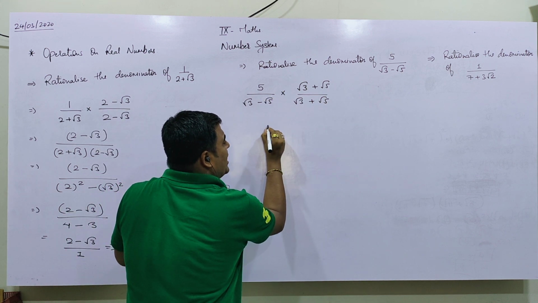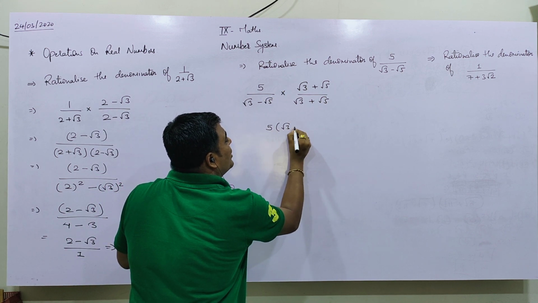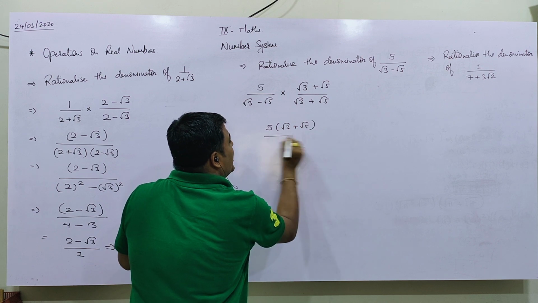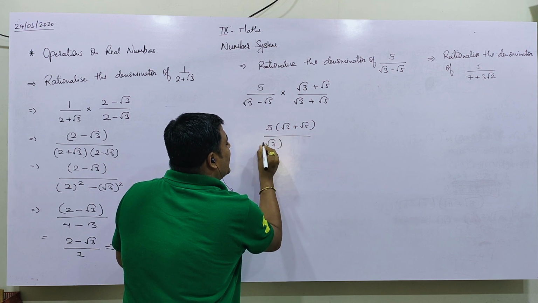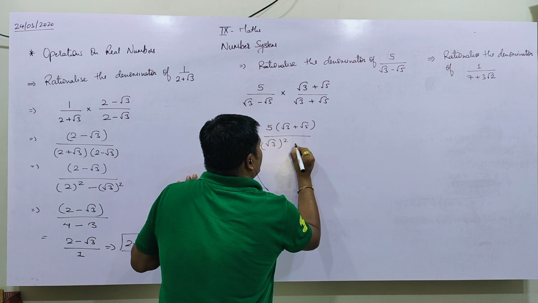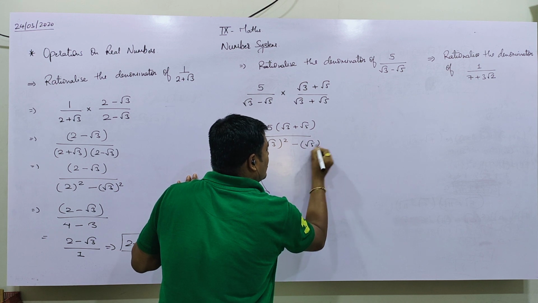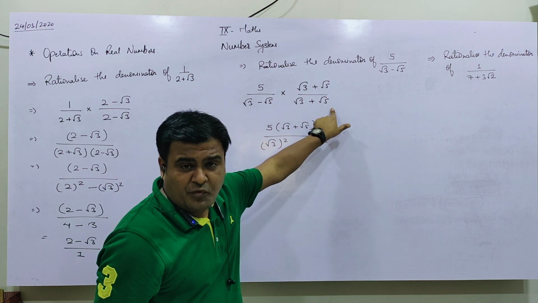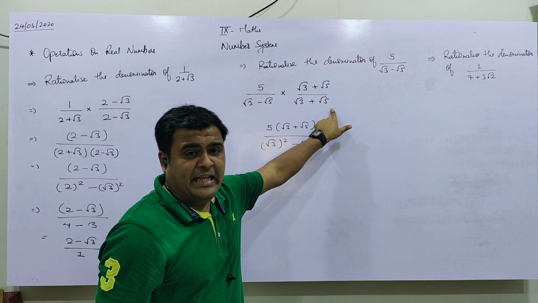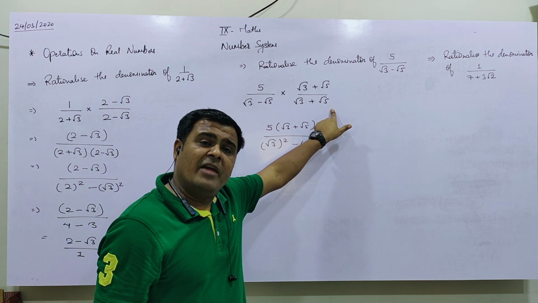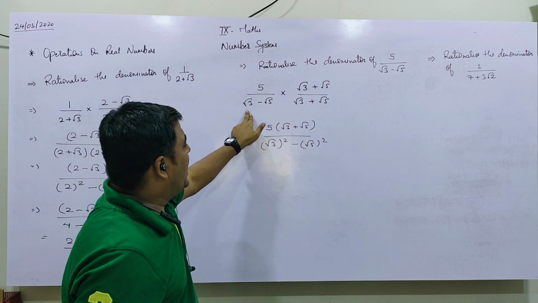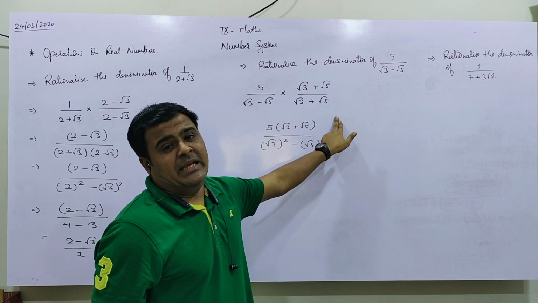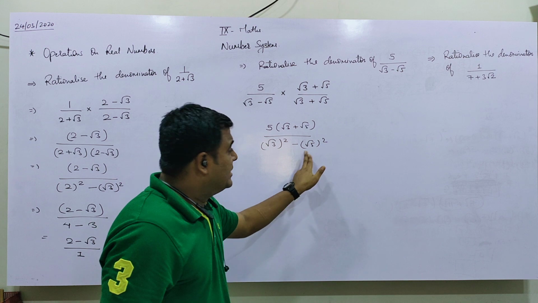So in the numerator we have 5 into root 3 plus root 5, and in the denominator root 3 minus root 5 into root 3 plus root 5, which is equal to root 3 whole square minus root 5 whole square, which is a minus b, a plus b, equal to a square minus b square.